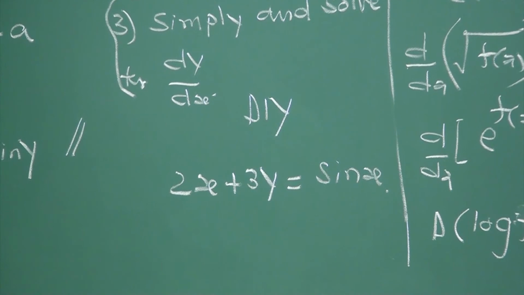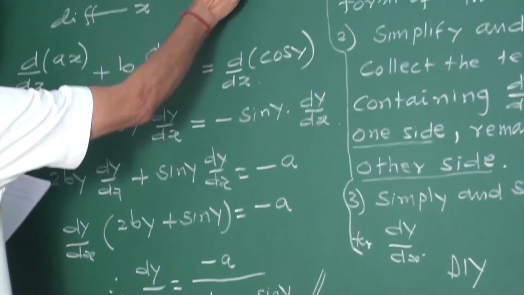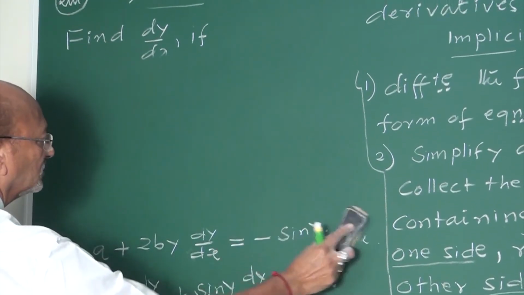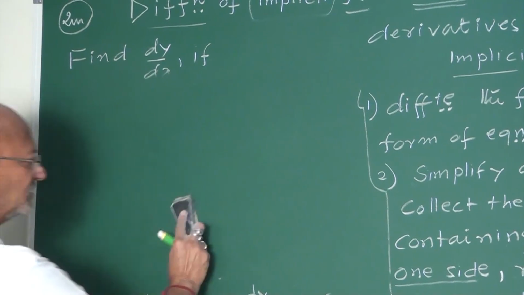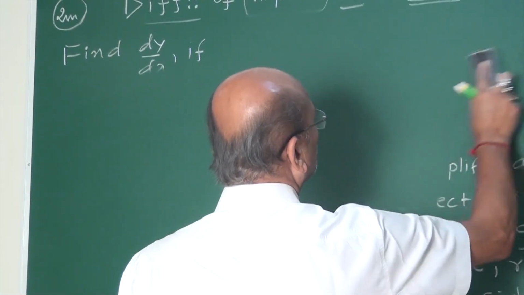Next, my friends. Find dy by dx. Now I remove this. Now you are very much used to the rules.